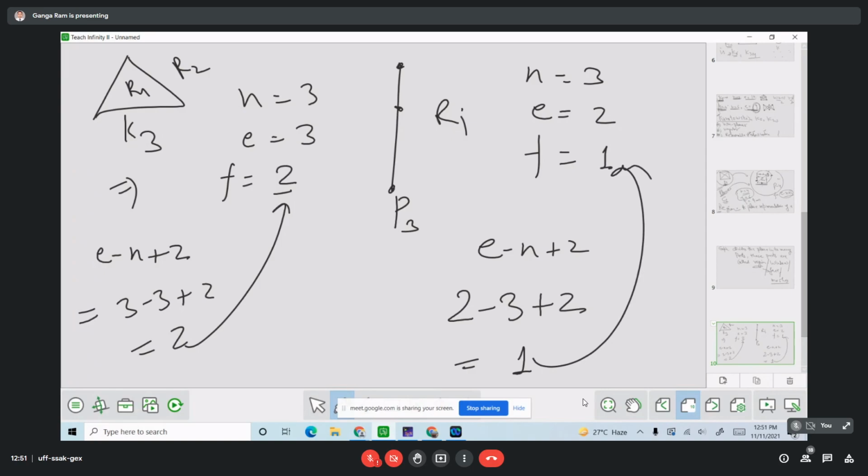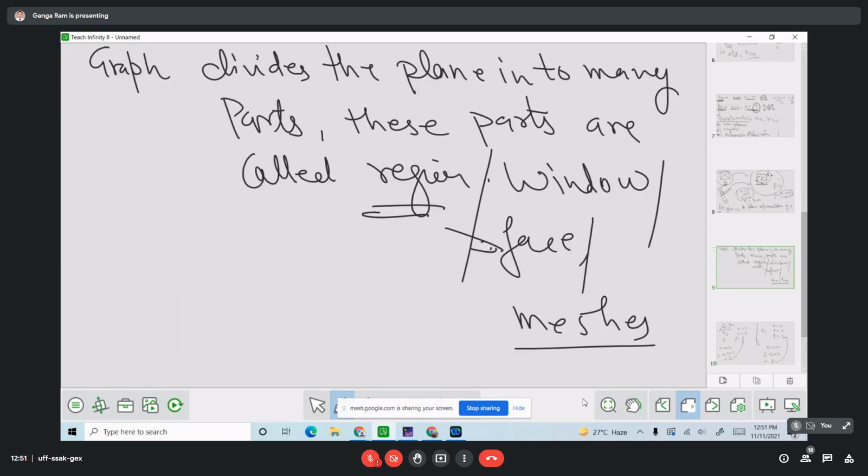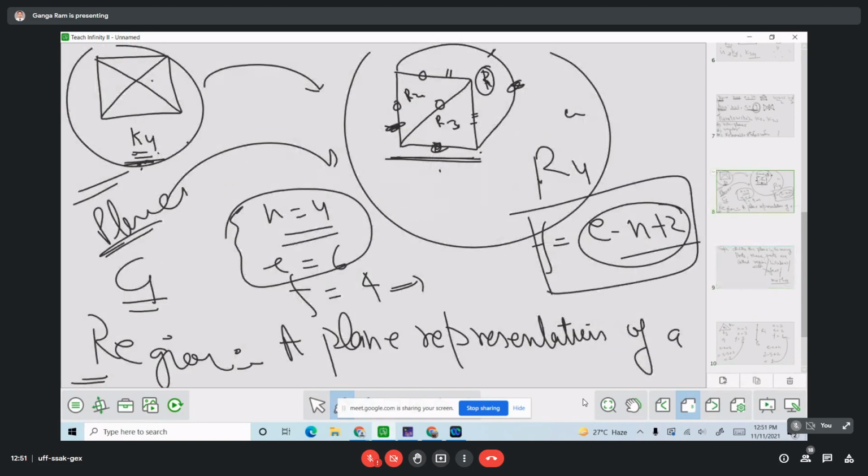So this is a formula to find the regions, and the name of this formula is the Euler formula for the planar graph. Clear?